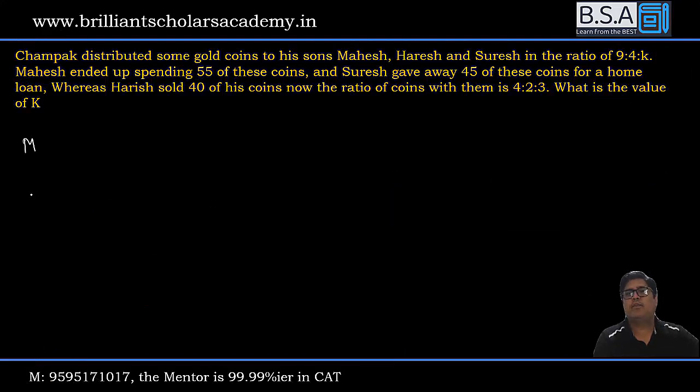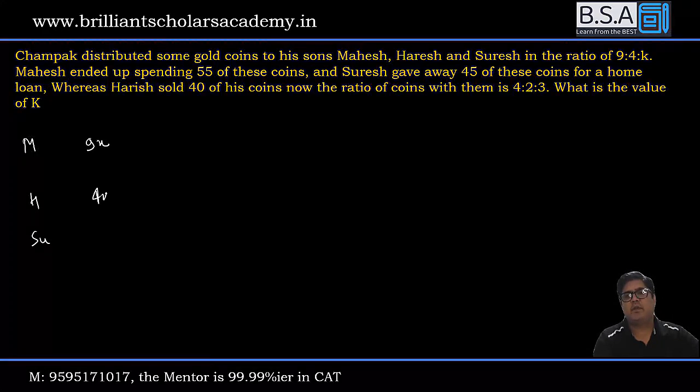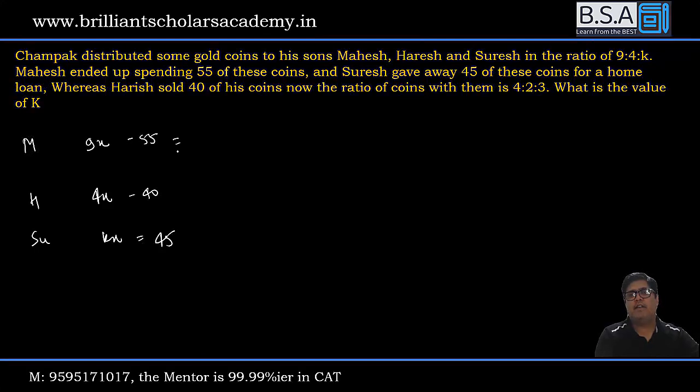Mahesh, Haresh, Suresh, 9x, 4x, kx, minus 55, minus 40, or the last one, minus 45 is equal to 4y, 2y, and 3y.